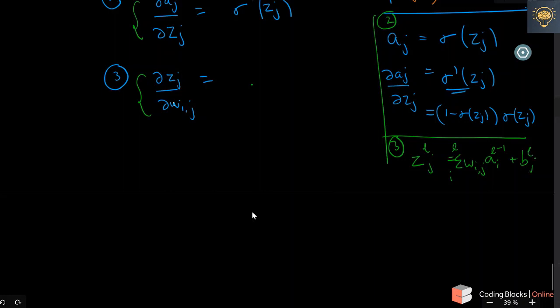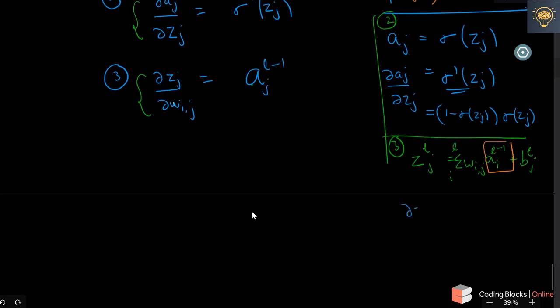This is what we have already seen. If you take this derivative, you are going to get the activation a of l minus 1, i. So I'm going to write this as a of l minus 1 and i here.